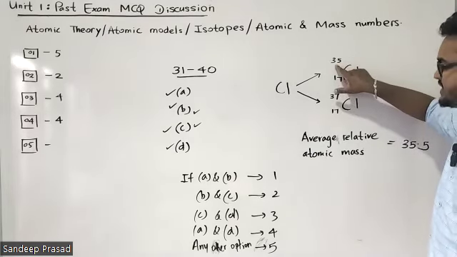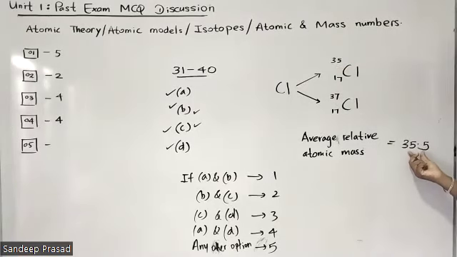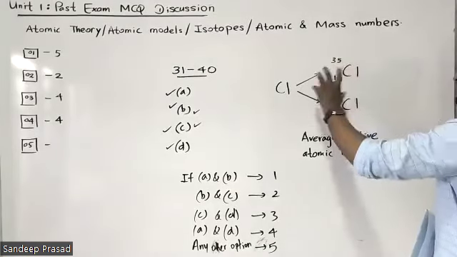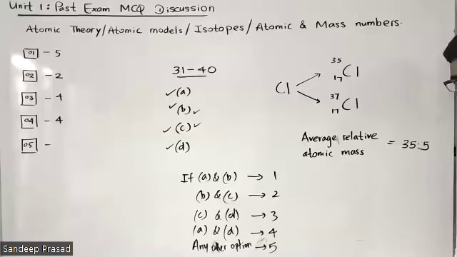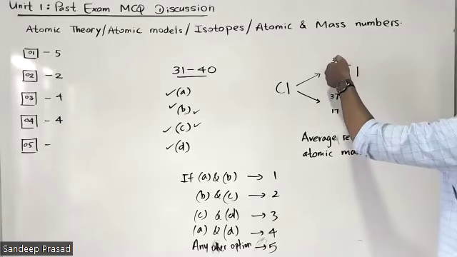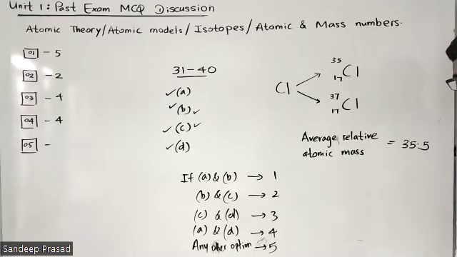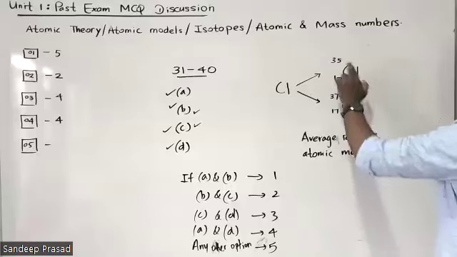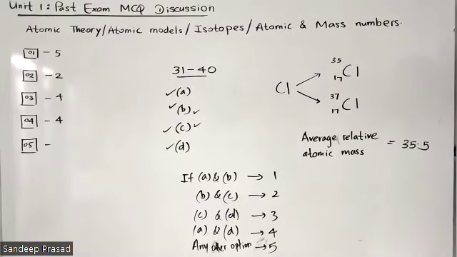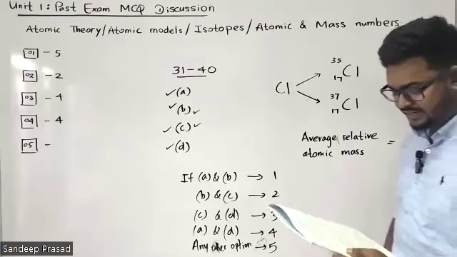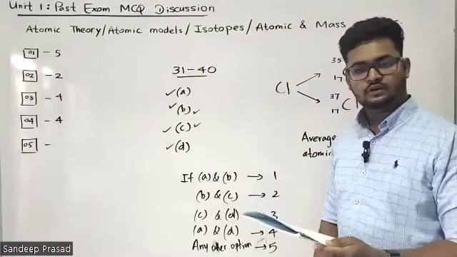So this is 35, and you can see that the average relative atomic mass is 35.5. Then you can tell which isotope is more abundant in nature. Since this value is very close to 35, the most abundant isotope is chlorine 35 rather than chlorine 37. So a natural sample of chlorine contains more chlorine 35 than chlorine 37.